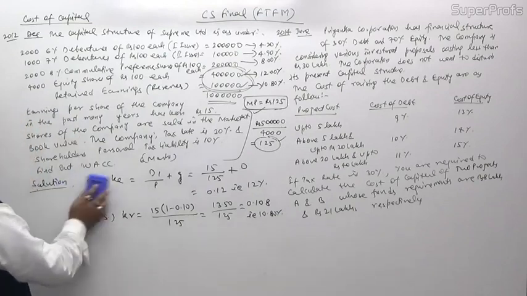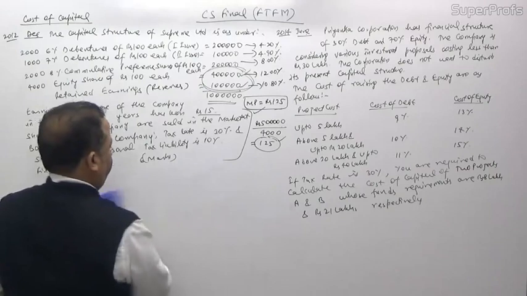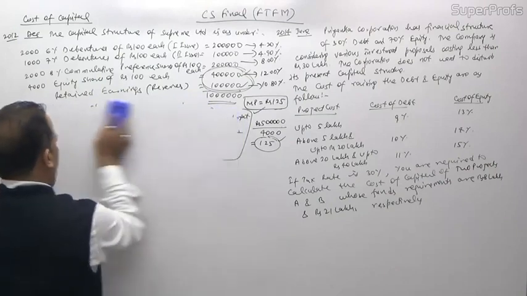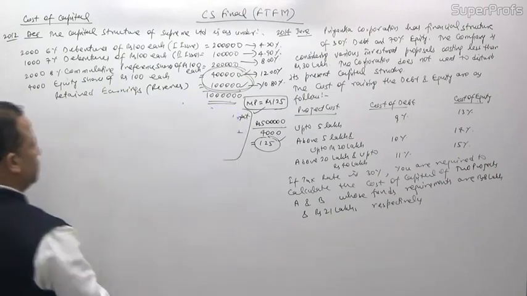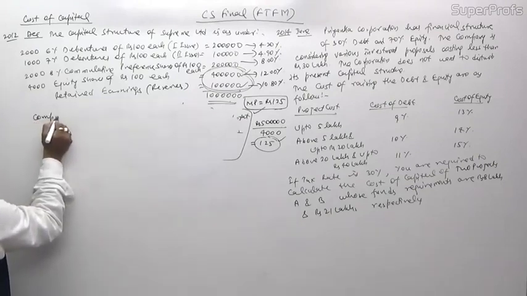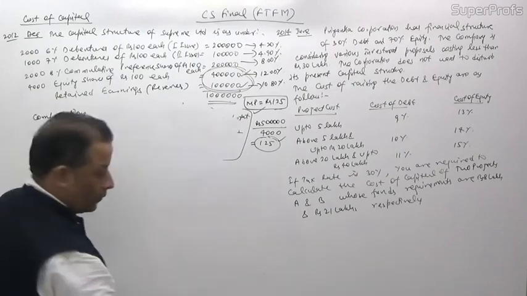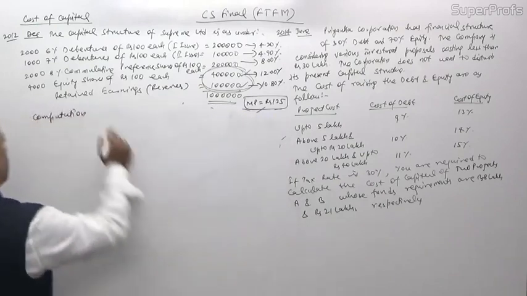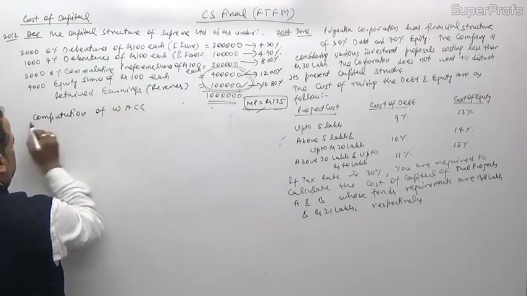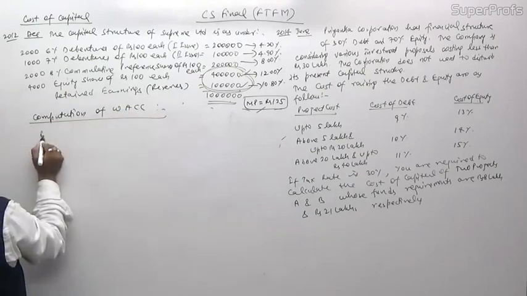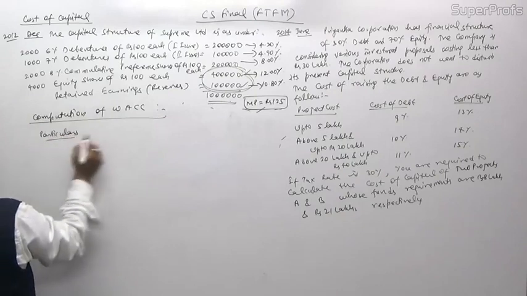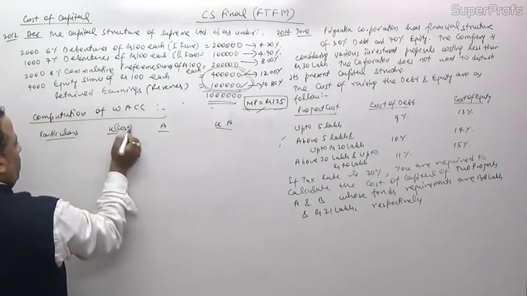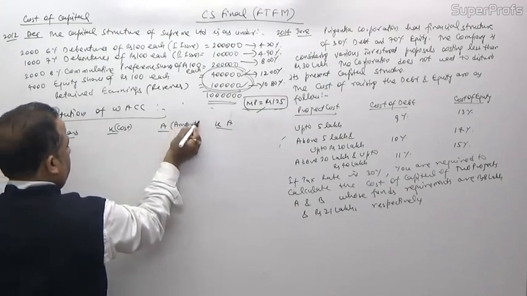So the weighted average cost of capital. Particulars: K, A. K stands for cost, A stands for amount.